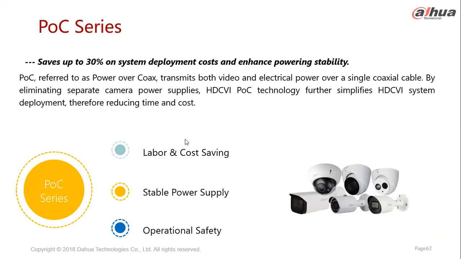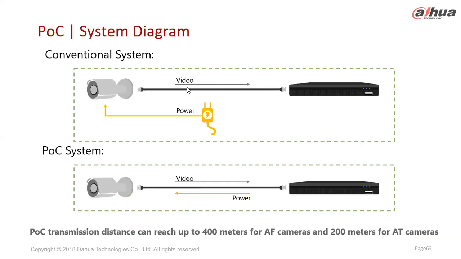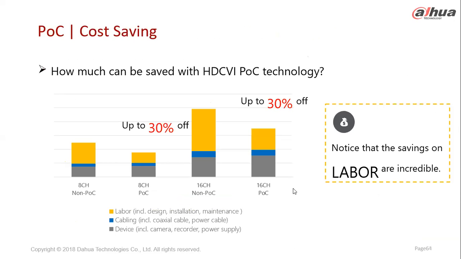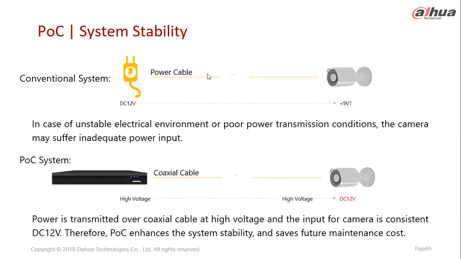Maybe about the POC series. As we're going to the lower series of cameras and the cheaper versions, the transmission distance is up to 400 meters, for stability.